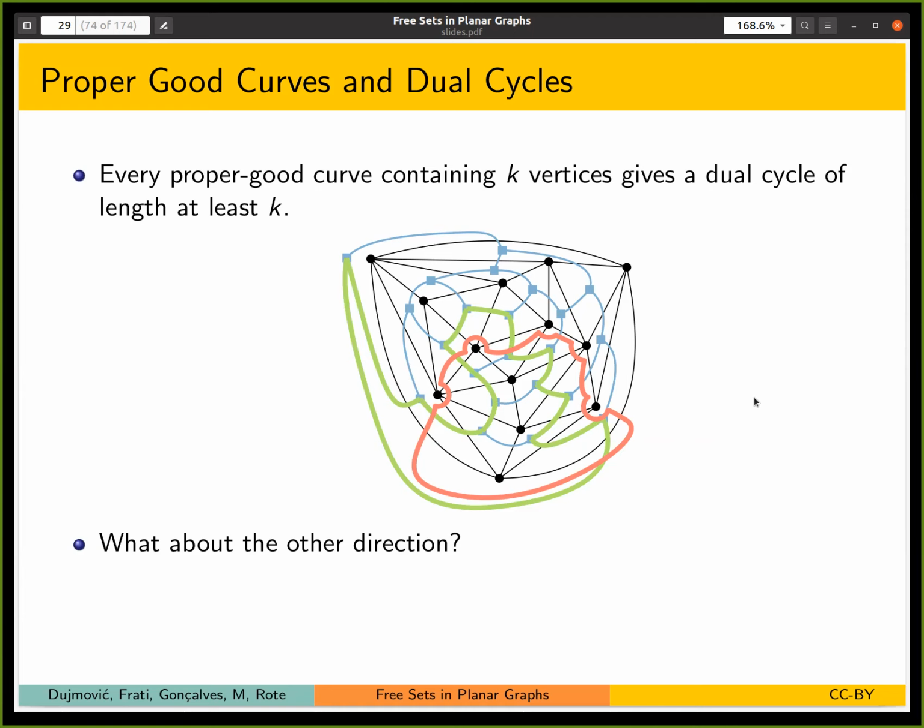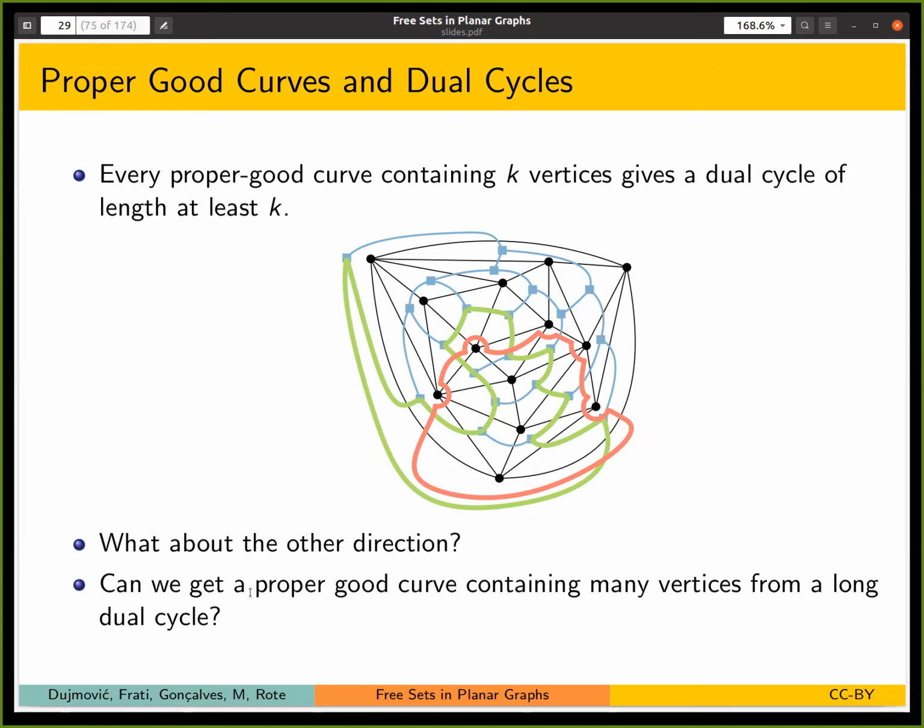That would be great, and the reason that would be great is cycles in these dual graphs have been studied a lot. So if a long cycle in the dual graph gives us a proper good curve containing many vertices, we would be very happy.